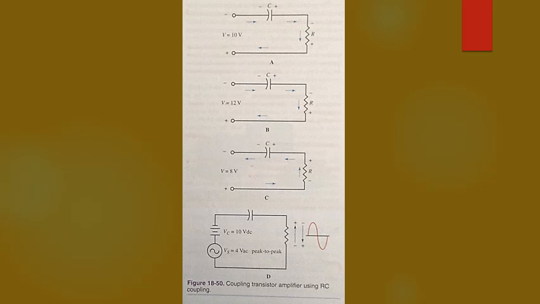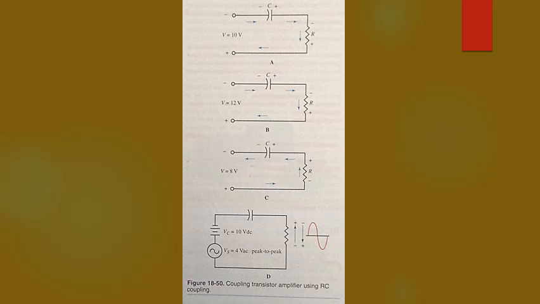If the source voltage is changed to 12 volts, VC will also increase to 12 volts. Part B of figure 18-50.